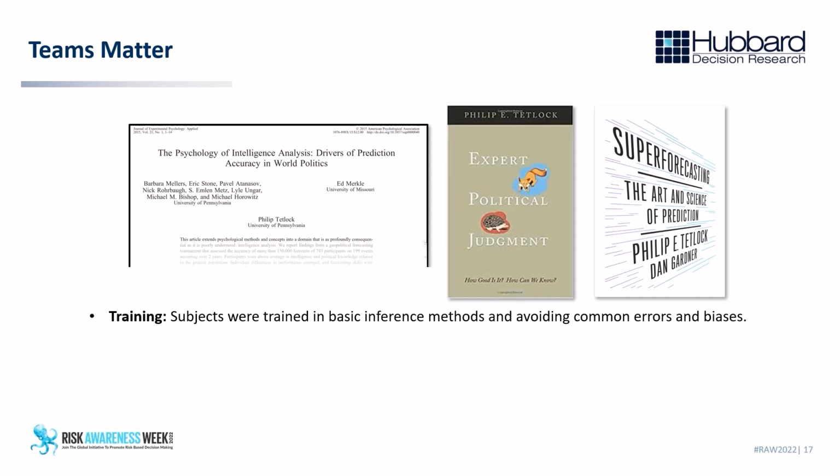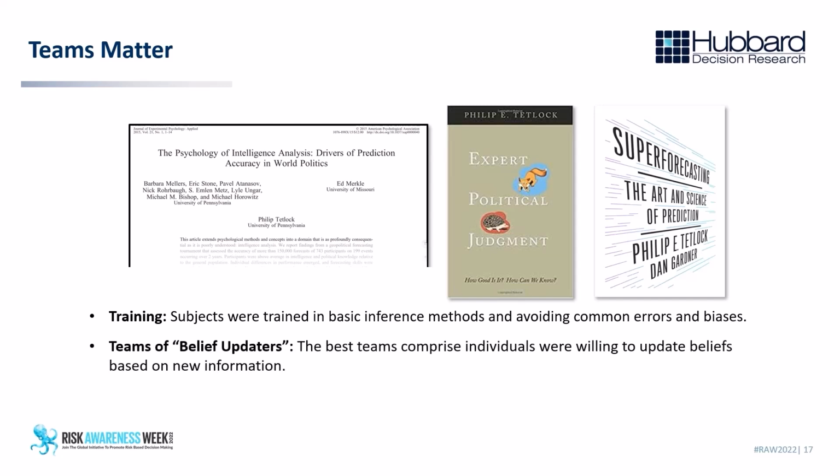There's also been a lot of interesting research showing that there's conditions under which those individuals can work better. We know what kind of training actually helps those individuals the most. One large series of studies done by Philip Tetlock, this individual who wrote this book here, shows that you can actually train people to be better at estimating and forecasting things. And interestingly, he showed the kinds of teams that would measurably outperform other teams.